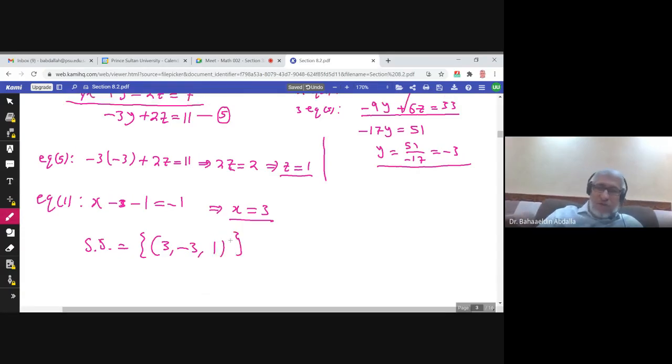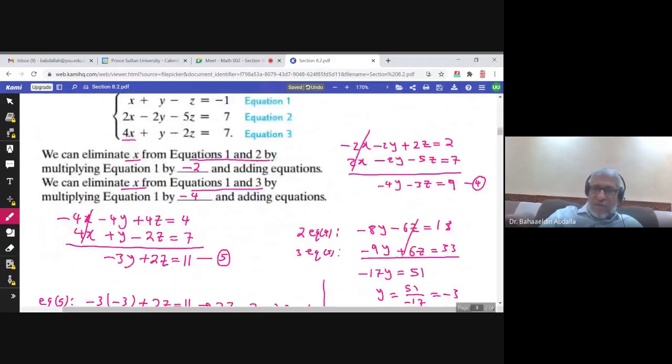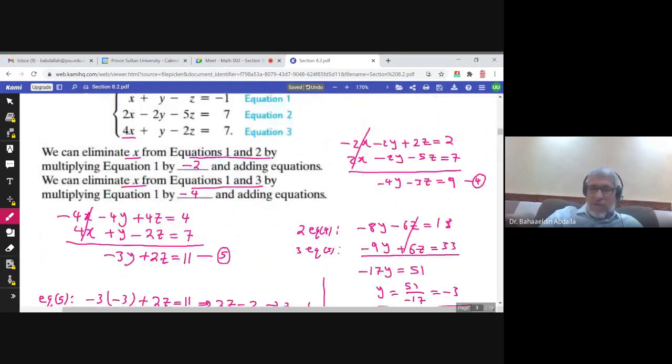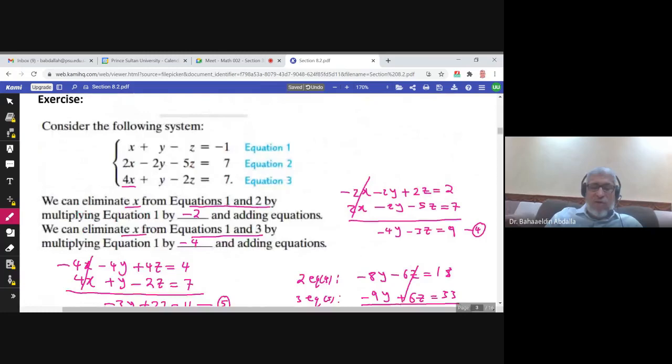Then you can check your answer that this ordered triple really satisfies the three equations, or you can use mode 5, 2 in this case, and you enter the coefficients of the three equations. So 1, 1, negative 1, negative 1, then 2, negative 2, negative 5, 7, then 4, 1, negative 2, and 7.